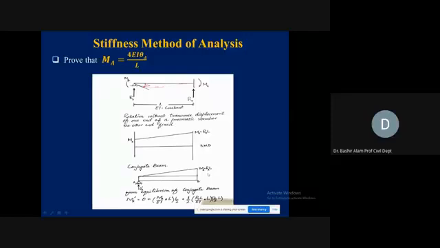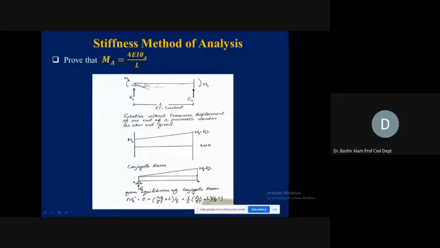Now, from the equation of equilibrium, if you see the conjugate beam, the reaction at A, or shear at this point, is shown by RA prime. What will this become in the actual structure?